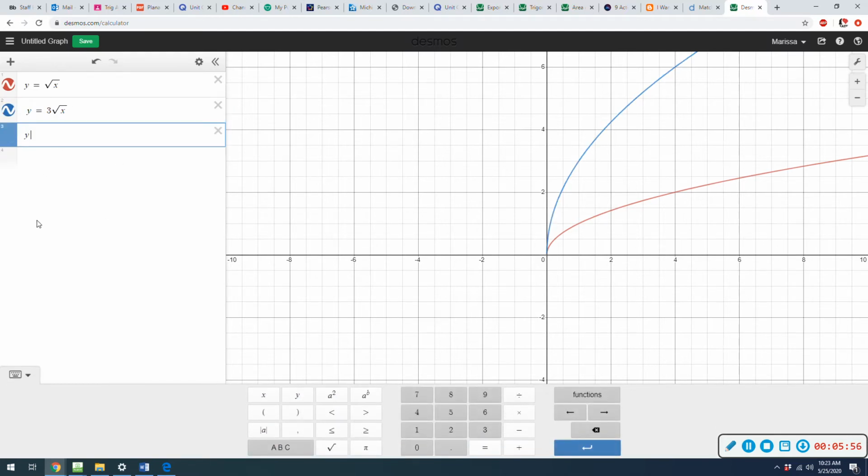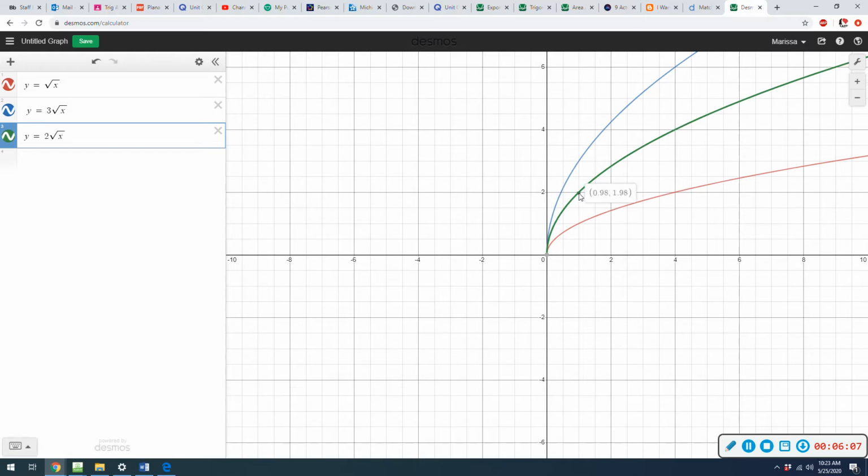And so maybe if we try another one like y equals 2 times the square root of x, we get this green graph here. Still starting at 0, 0, but that next nice point is going through right here, which is at 1, 2. So it went over 1 but up 2. So it seems like maybe this number in front is making me faster or slower.